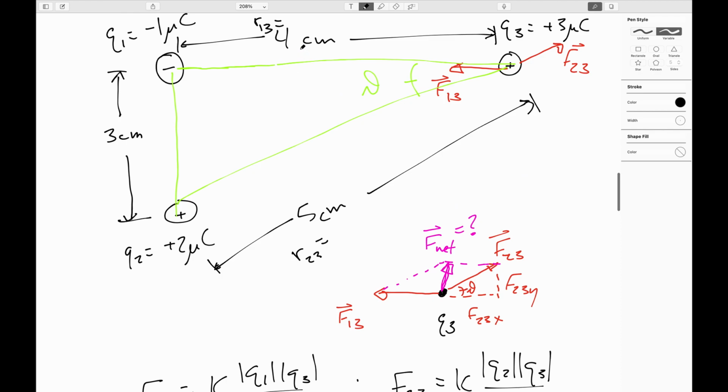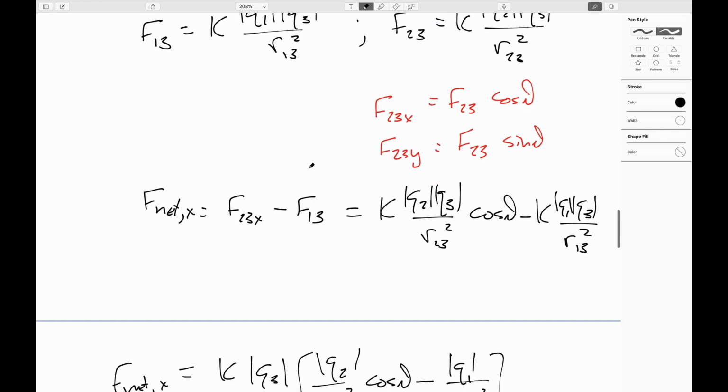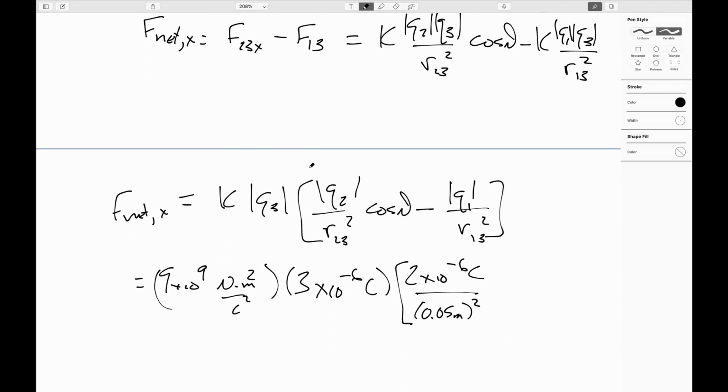That's 4 centimeters over 5 centimeters, or 4/5. So the cosine of my angle is 4/5. Minus my Q1 in absolute value, 1 times 10 to the negative 6 coulombs, over 0.04 meters squared. If you punch all that through on your calculator, you'll get 0.405 newtons. All right, cool.